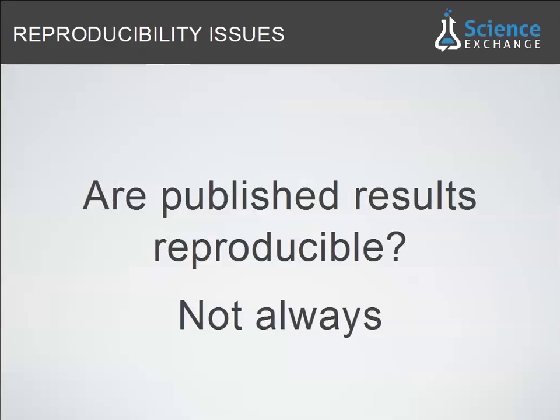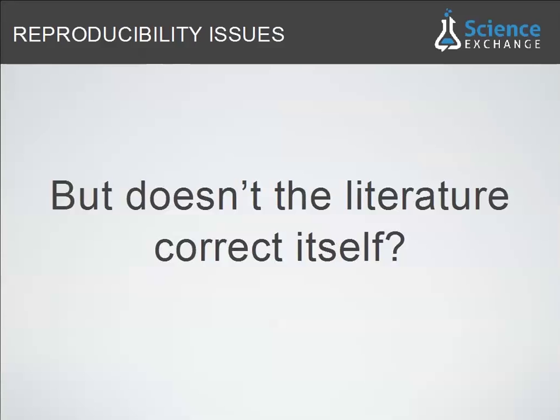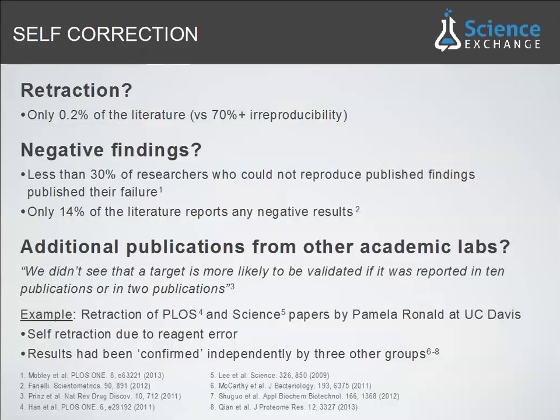People tend to not worry about this so much because they assume that the literature can correct itself over time. But actually, when you examine the data to support this presumption, it's shown to be incorrect. So there's very little self-correction of the literature. Only 0.2% of the literature is ever retracted, and this is usually reserved for cases of fraud, versus an approximation of around 70% irreproducibility.